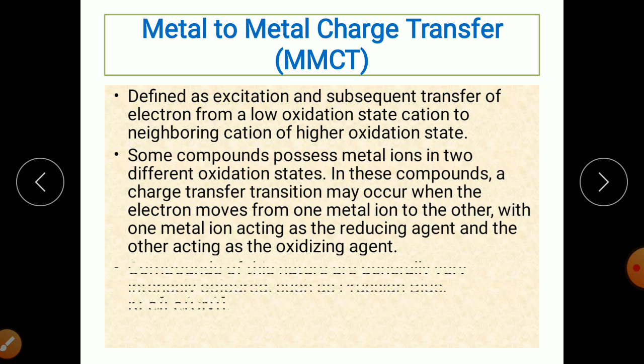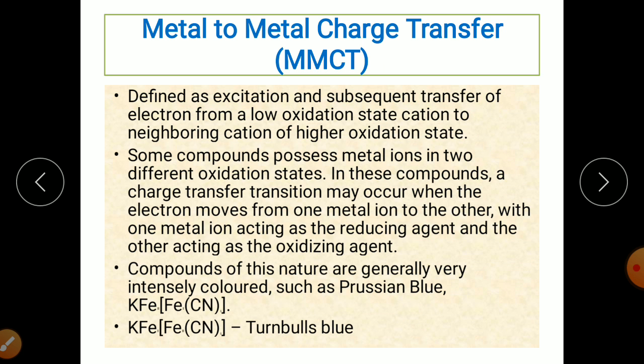Next is metal to metal charge transfer, which is also called intervalence charge transfer spectra. It is defined as the excitation and subsequent transfer of an electron from a low oxidation state cation, such as Mn plus 2, to a neighboring cation of higher oxidation state, meaning neighboring metal ions in bridged complexes.